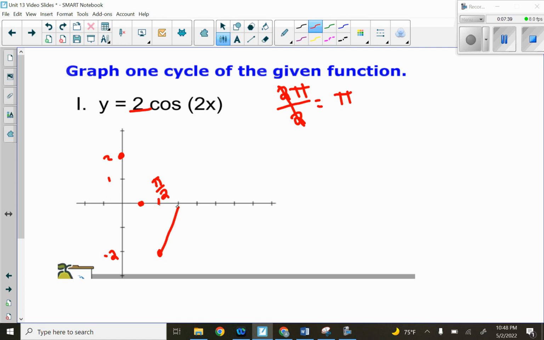And then so we'd go down, and then we'd go back up. And right here is where we would find 2 pi. Now remember, you could also type this into decimals to graph it. So that should cover everything that you will see in 13.2.